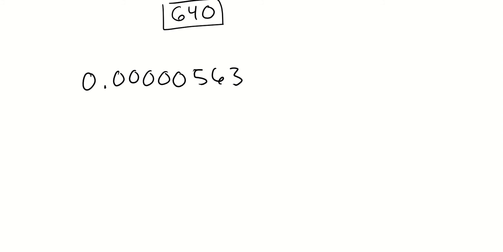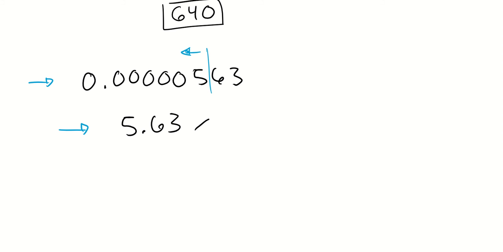So let's look at another conversion and then another multiplication problem. If I have this number and I wish to write it in scientific notation, I know that I'm going to want my decimal right after that leading 5. So 5.63. And this is where I'm placing my decimal, right? So the question is, how many times do I need to divide by 10 to make this number equivalent to the one that I started with?